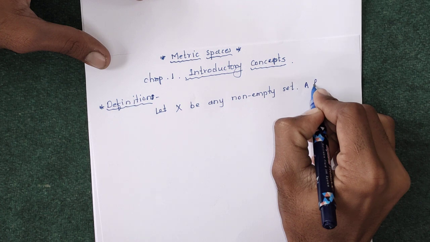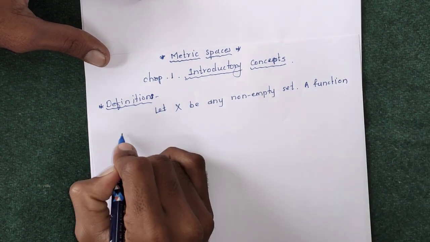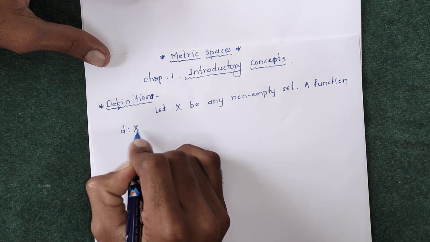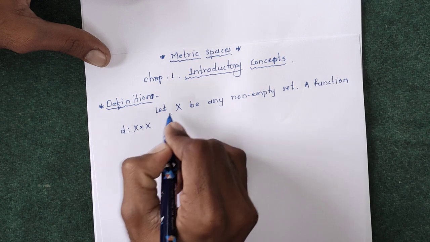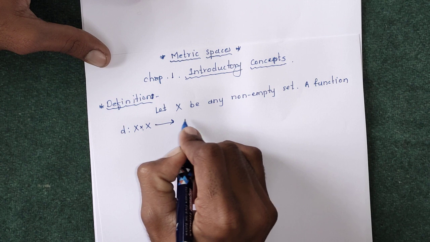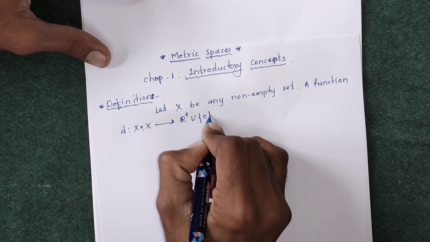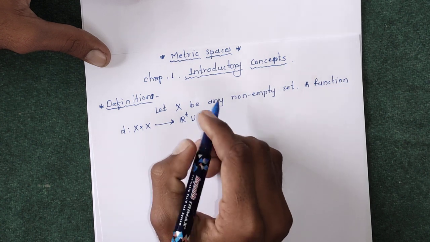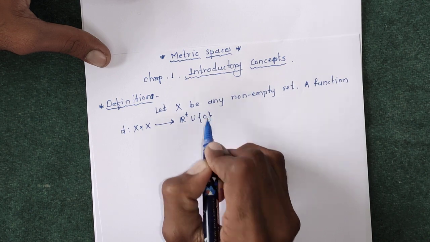Then a function d, small d, from X cross X, that is the cross product of this non-empty set, to R plus union singleton 0. R plus union singleton 0 means the set of all positive real numbers including 0.